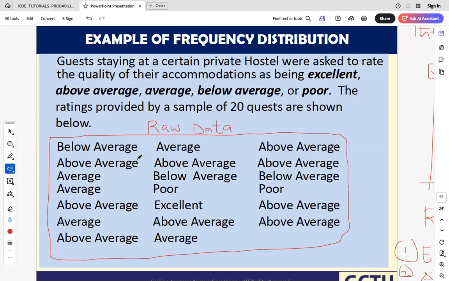Because it's just been recorded and you cannot see any information yet from this one. The only way you can have an information from this is for you to process this data. If you don't process this data, there's no way you can get information from it.